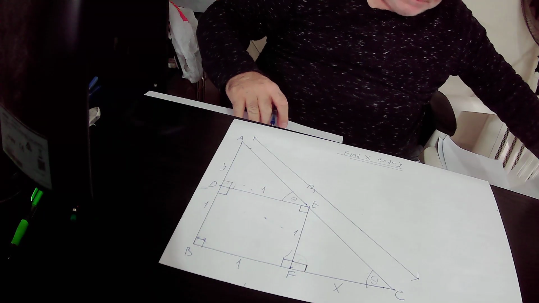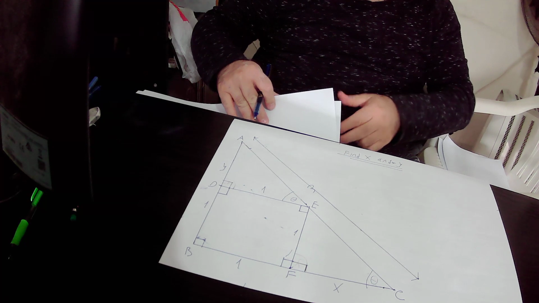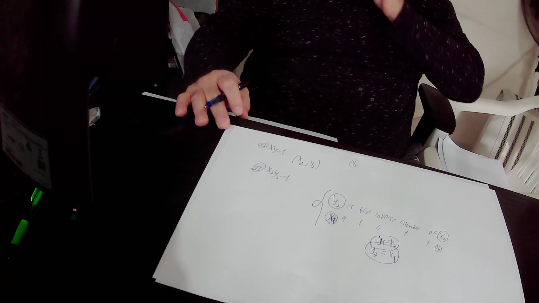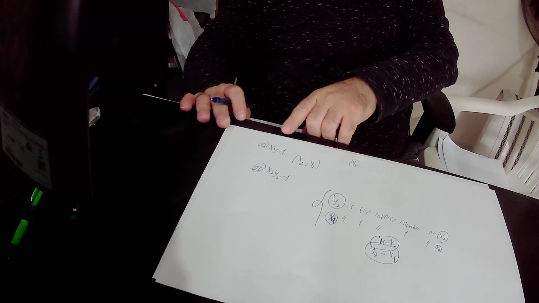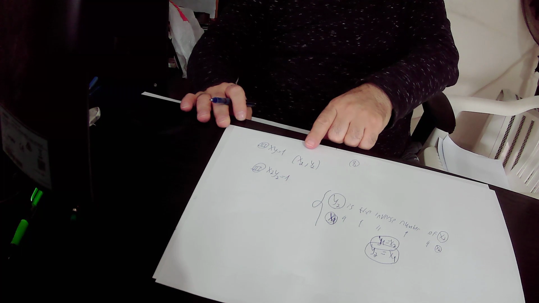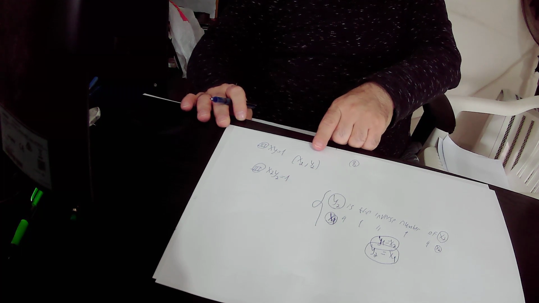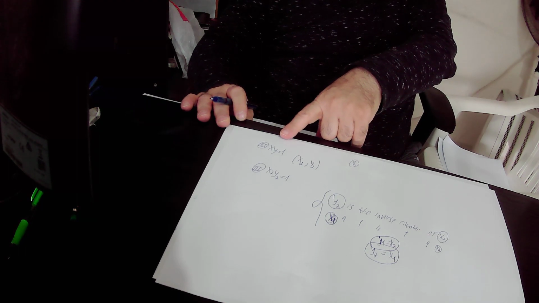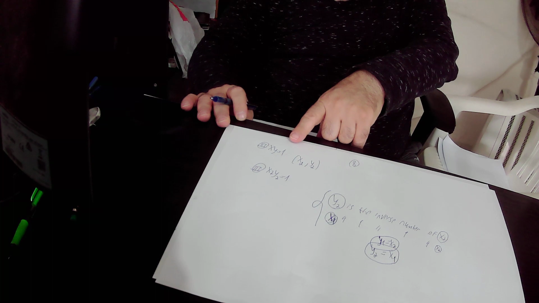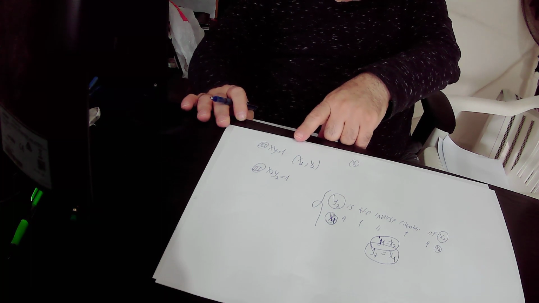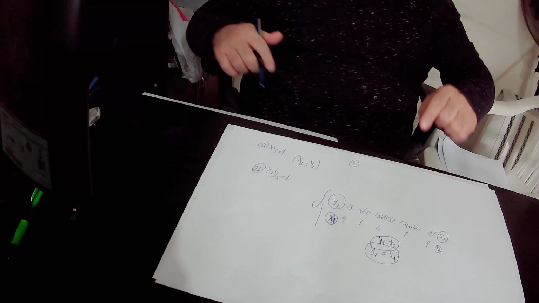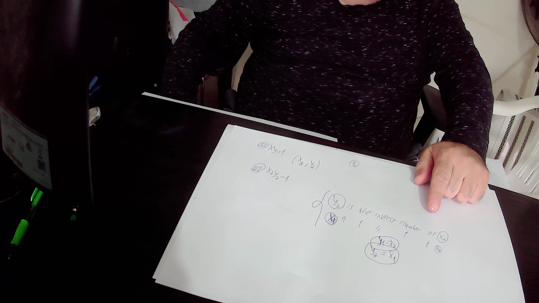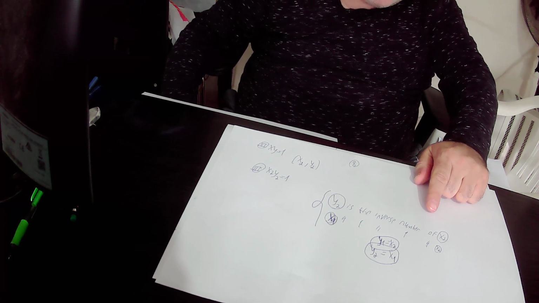And then we did the same process for the second solution. We have equation number 3 that states that x times y equals 1. The second solution is x2 and y2, so we put x equals x2 and y equals y2 inside equation number 3, and we got that x2 times y2 equals 1. It means that y2 is the inverse number of x2. But we have already found that x1 is the inverse number of x2.